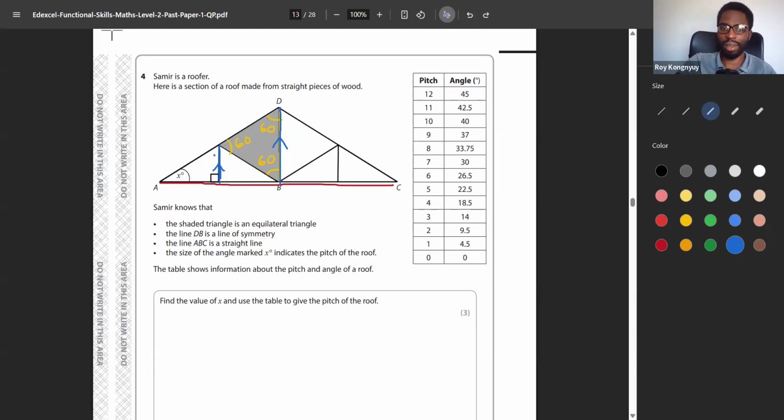If AD is a straight line, that means these two are parallel. Why? Because this triangle here is similar to this larger triangle here. It must be because they share an angle. Well, they share an angle here.